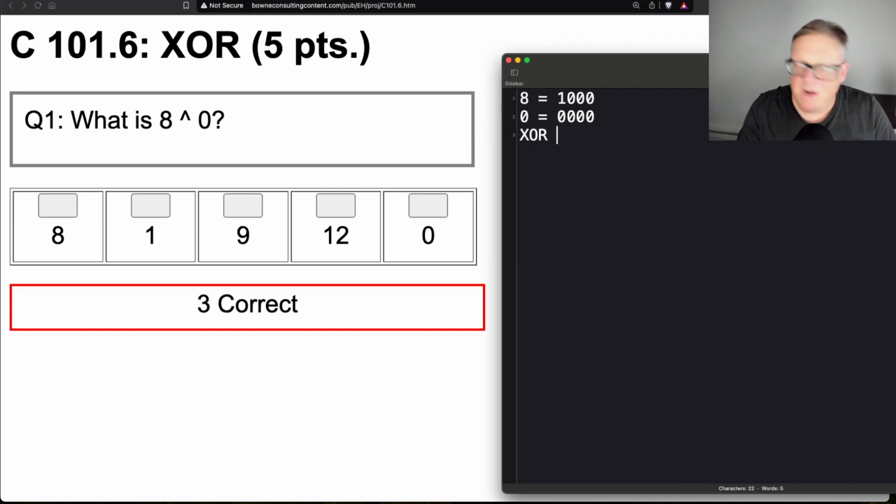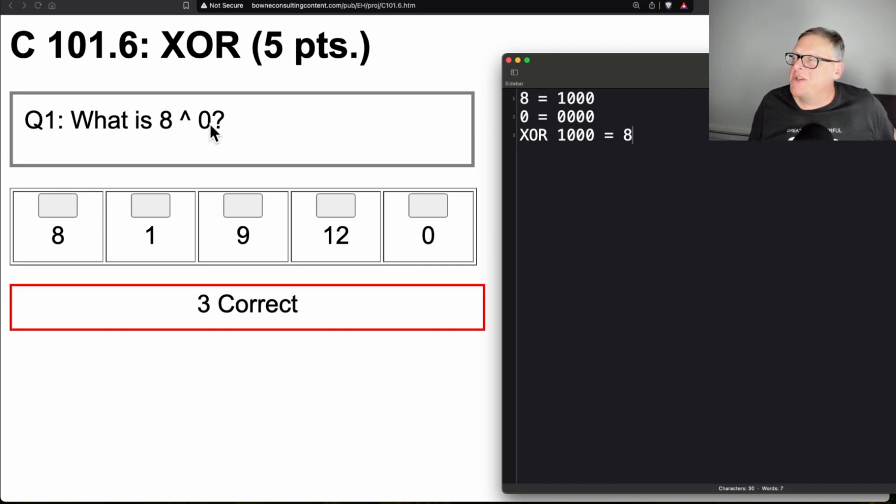That's right. It's 1, 0, 0, 0. So what's that in base 10? Yep, it's 8. And this, of course, in retrospect, is obvious.